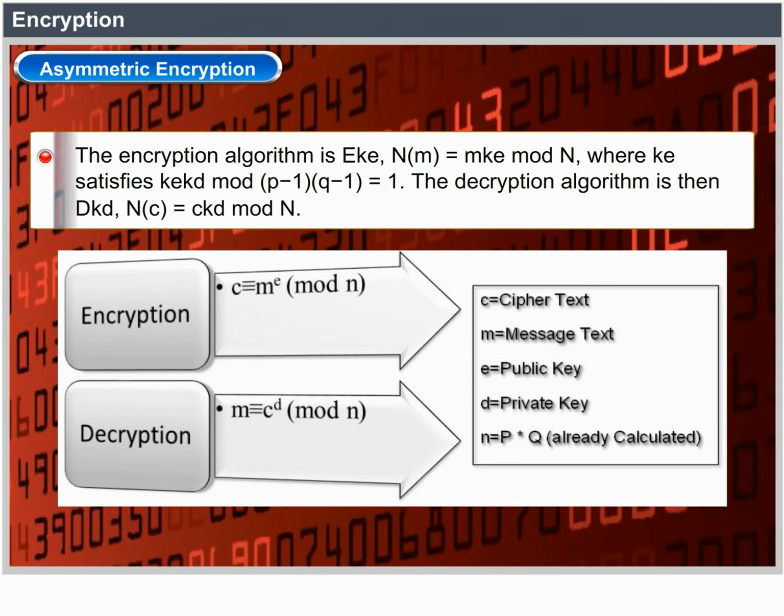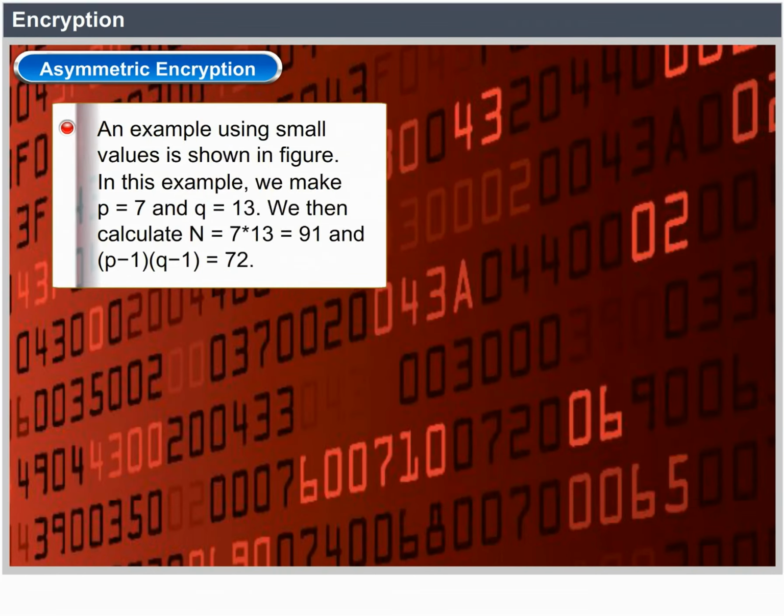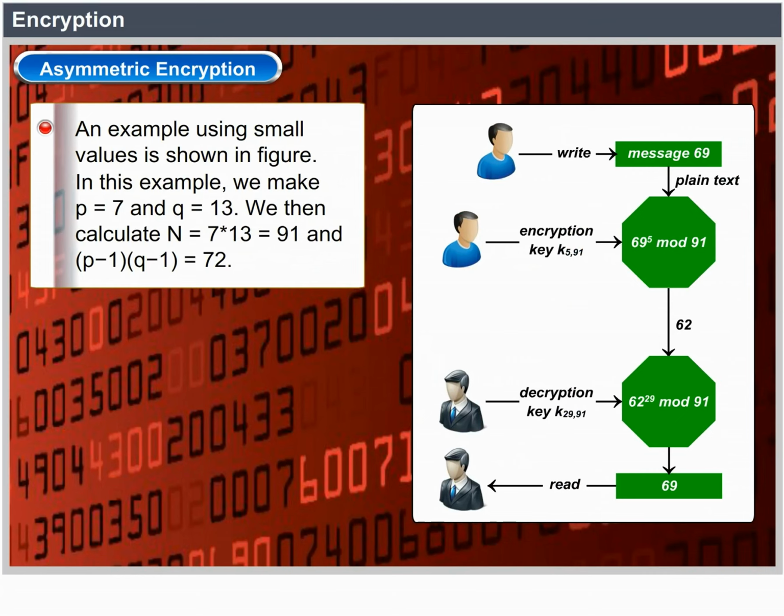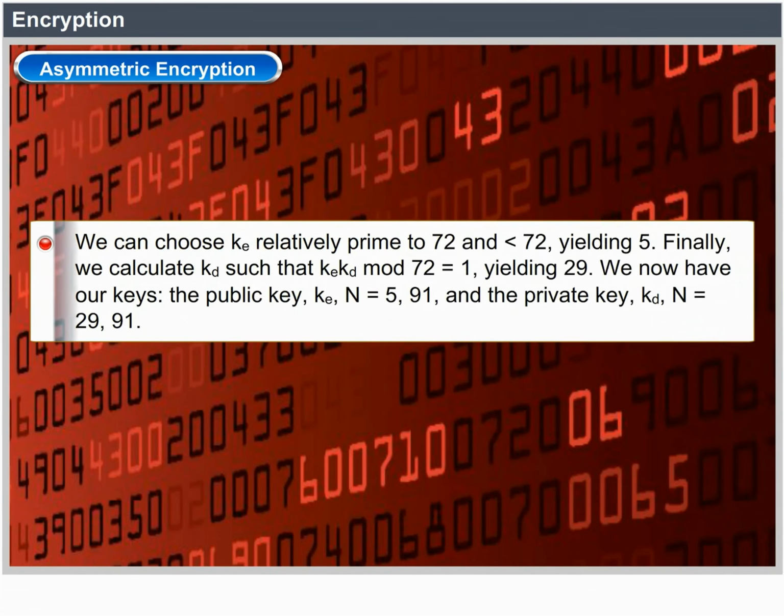An example using small values is shown in figure. In this example, we make P equals 7 and Q equals 13. We then calculate N equals 7 times 13 equaling 91 and (P minus 1)(Q minus 1) equals 72. We next select KE relatively prime to 72 and less than 72, yielding 5.